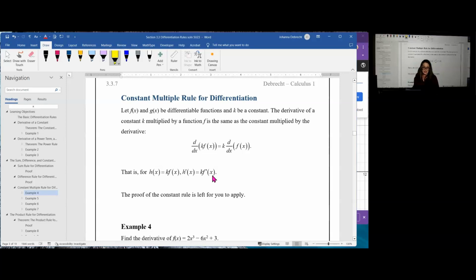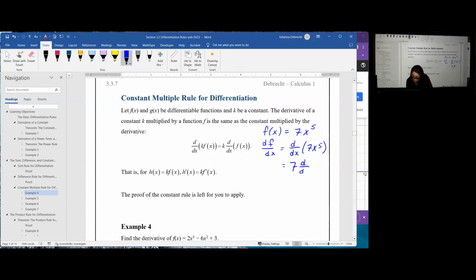Let me write down an example for this one. I could write something like f of x equals 7x to the 5th. The derivative of f with respect to x means take the derivative with respect to x of 7x to the 5th, but I can factor the 7 out, not the x to the 5th, because that variable depends on the differential dx in the denominator.